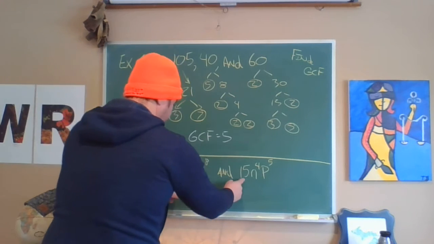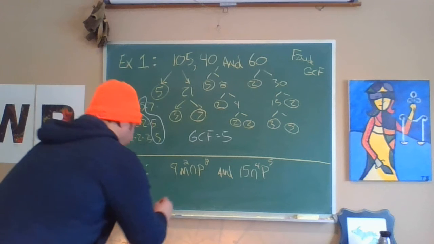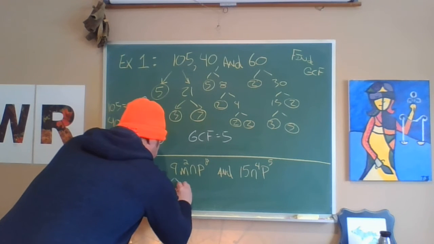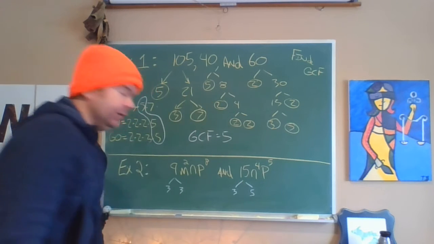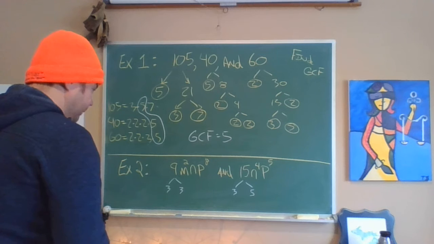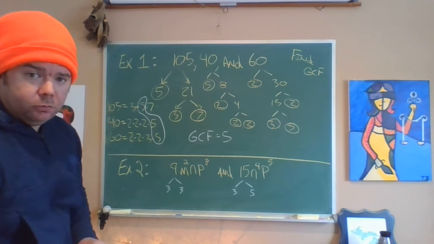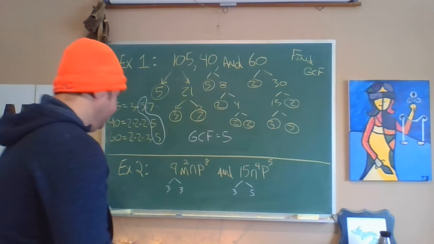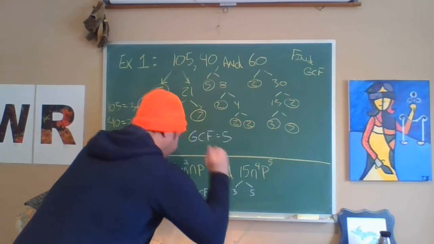Where I'm going to start is I'm going to look at 9 and 15 and figure out what the GCF is for those. Well, 9 is 3 times 3, and 15 is 3 times 5. These factor trees come out pretty quick. The only factor that those two numbers have in common is the 3, and so my GCF is going to start with 3.